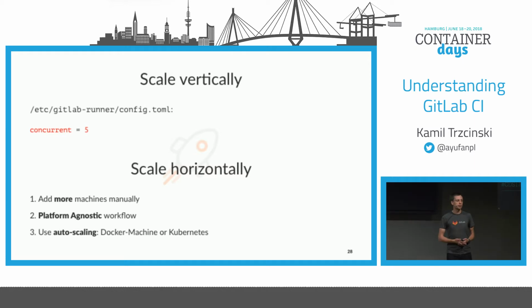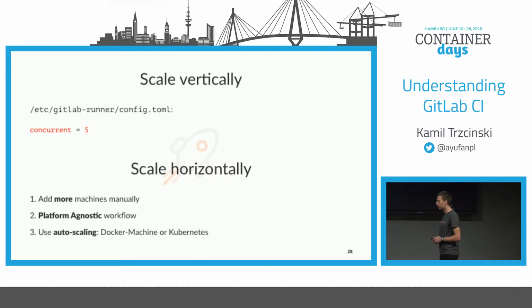The next step would be to scale horizontally, which is really cool because your workflow becomes platform agnostic and you are more resilient to failures. By the nature of GitLab-runner, you get a high availability solution very easily, because it doesn't matter on which machine you run the workflow, since the environment is controlled by the developer, not by administrators or infrastructure providers.